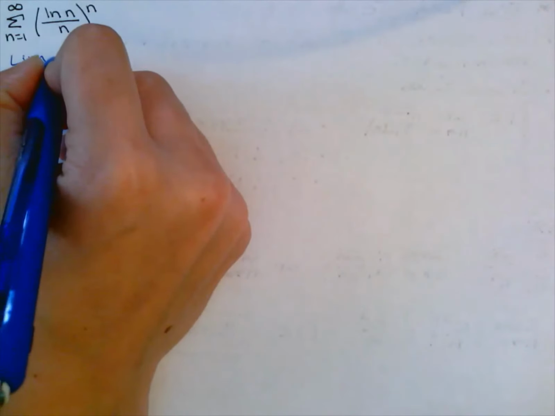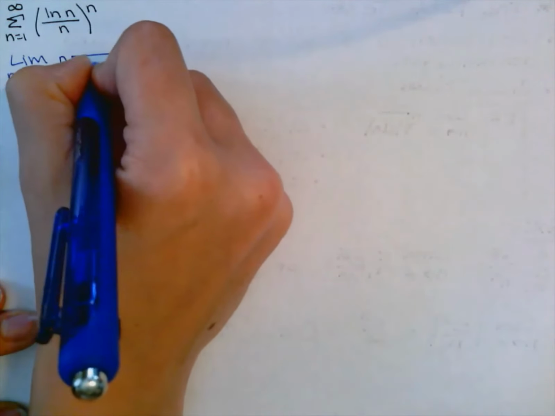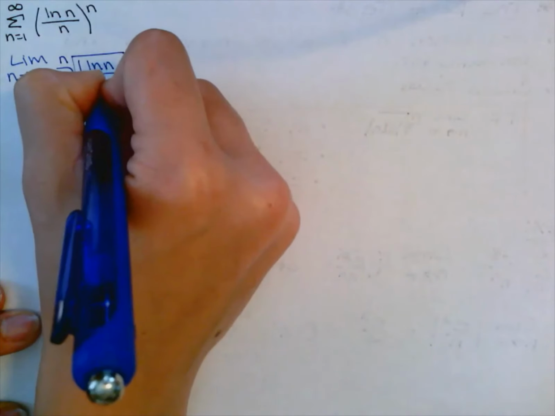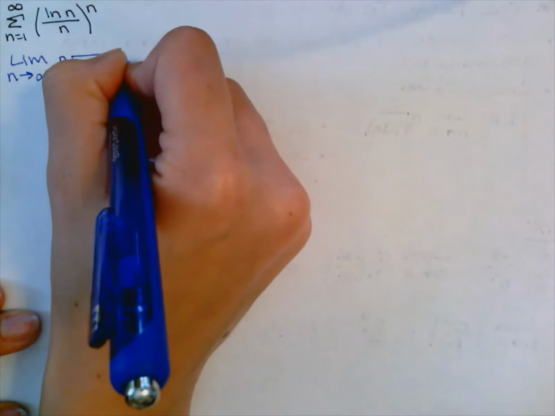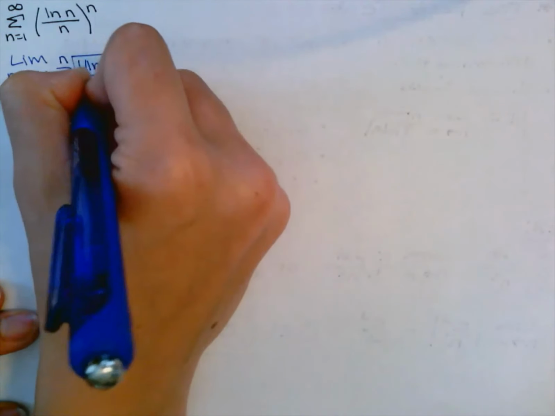This last question for the root test, I can clearly see that n up here in the exponent. So I'm going to do the limit as n approaches infinity of the nth root of the absolute value of ln of n over n, all of this raised to the nth power, okay?